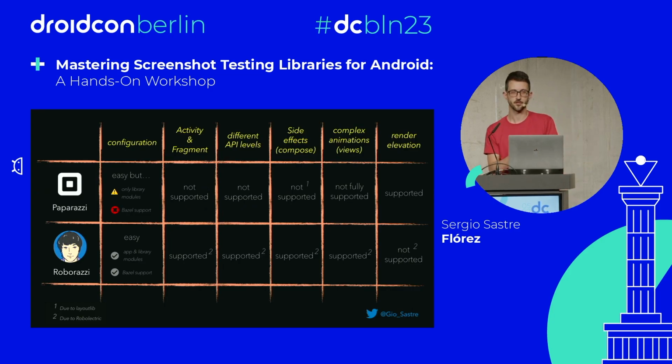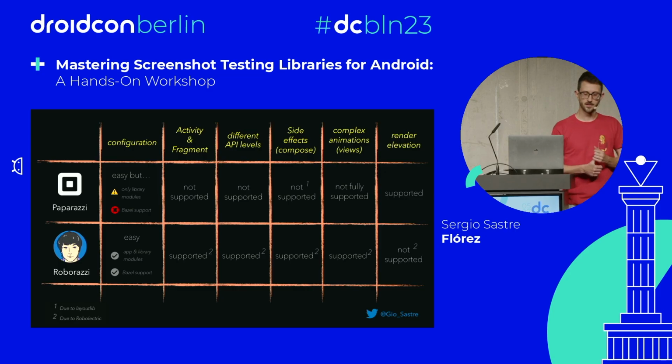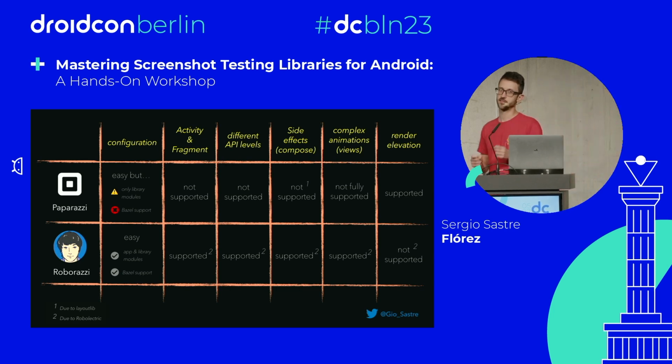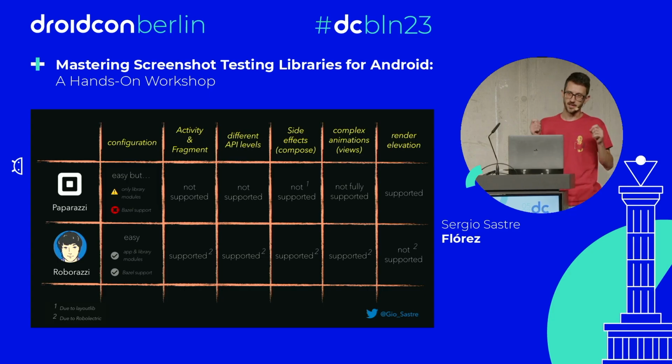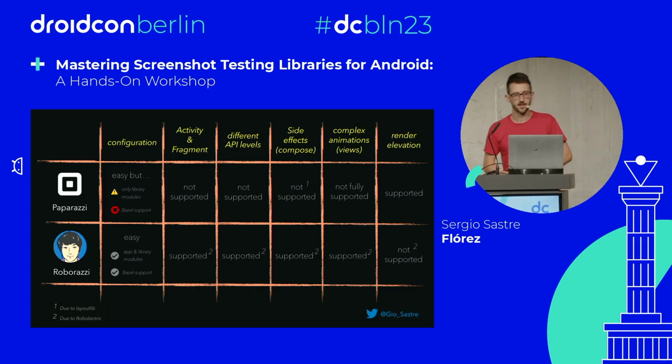I didn't talk about configuration. One more point for Roborazzi, because it supports Bazel, and it also supports app and library modules. So you can write the screenshot tests inside application and library modules. With Paparazzi, there's no Bazel support, and you can only write a screenshot test inside library modules, not in application modules.